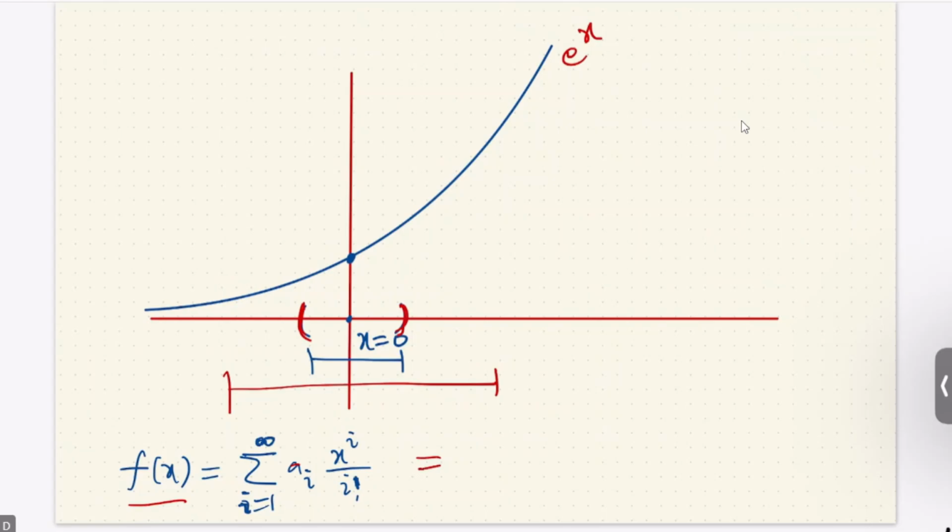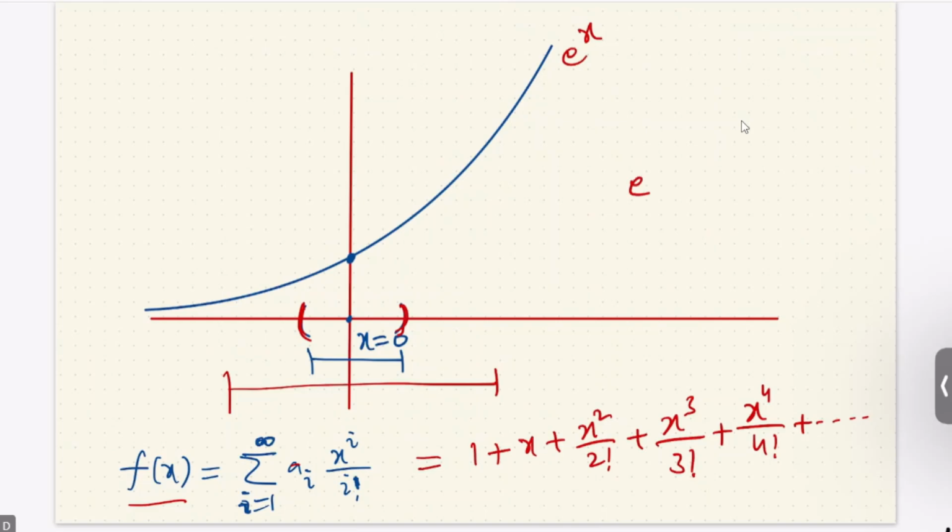What is the e^x Taylor series expansion? 1 plus x plus x squared by 2 factorial, plus x cubed by 3 factorial, and so on. All derivatives are just 1 at 0, right? You know it already.